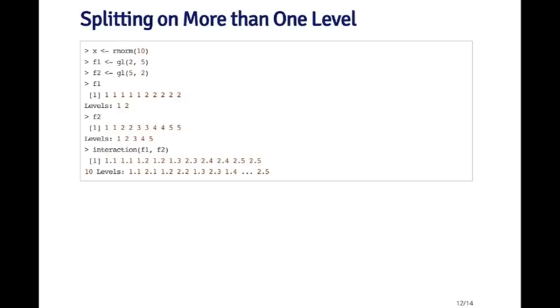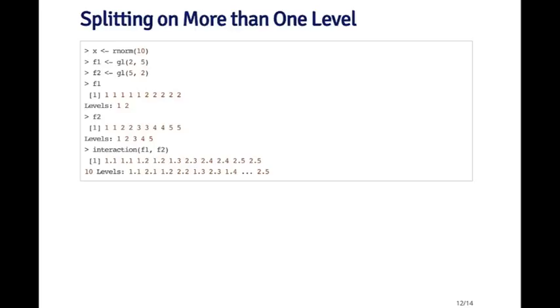So here I've got f1, which is a factor with 2 levels, and I've simulated a normal random variable, 10 observations. I've got a factor with 2 levels, each repeated 5 times, and then I've got another factor with 5 levels, each repeated 2 times. So these are my two grouping variables here, and I want to look at the combination of the 2.